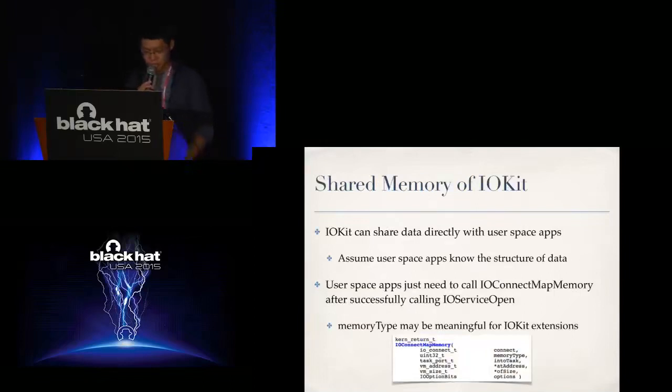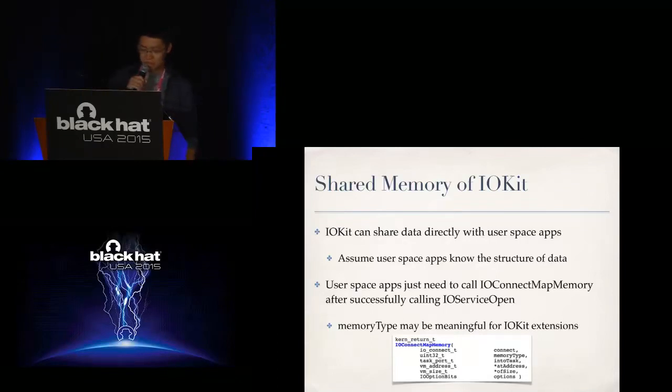Shared memory means that IOKit drivers are able to share memory directly with user space applications, and it assumes that the user application already knows the structure, I mean, what kind of data you put in this shared memory. If user space wants to open the shared memory, it's quite easy.